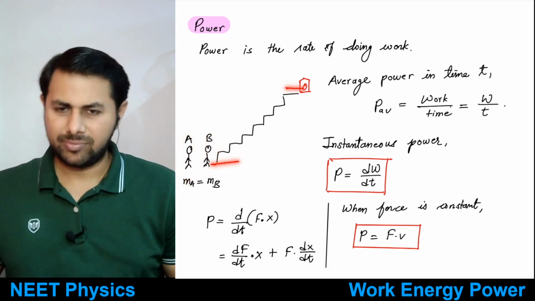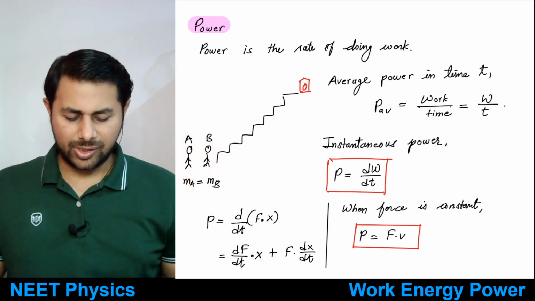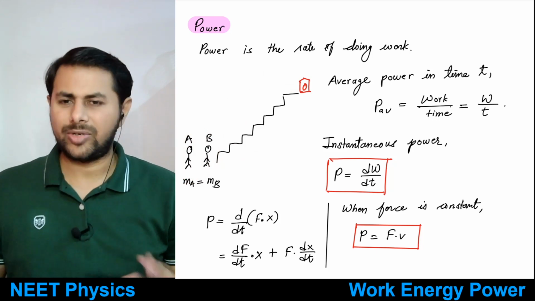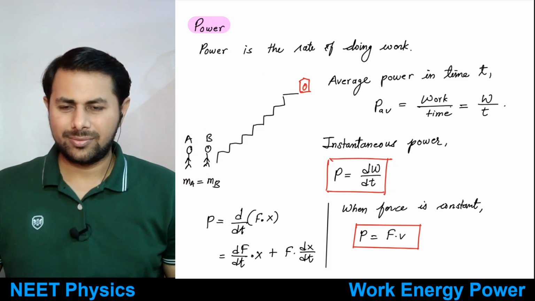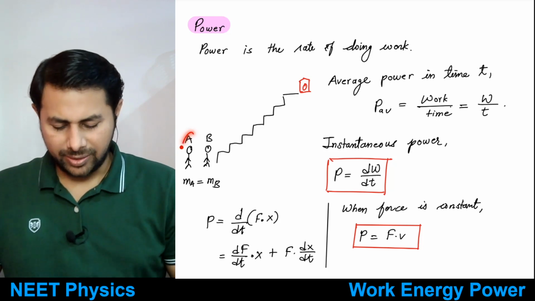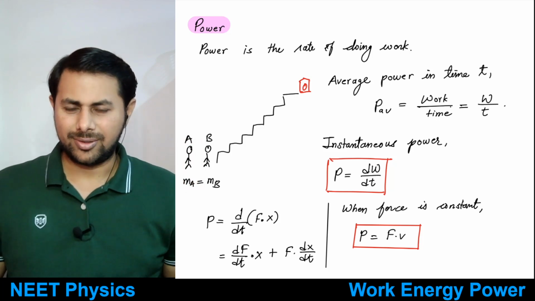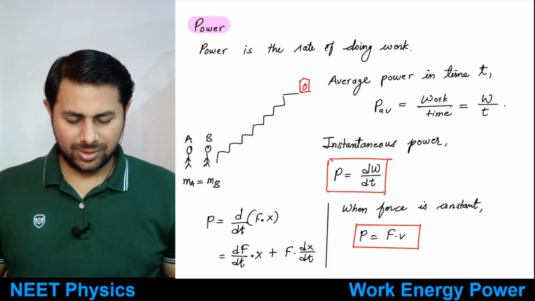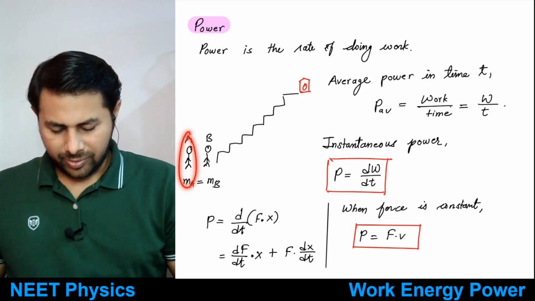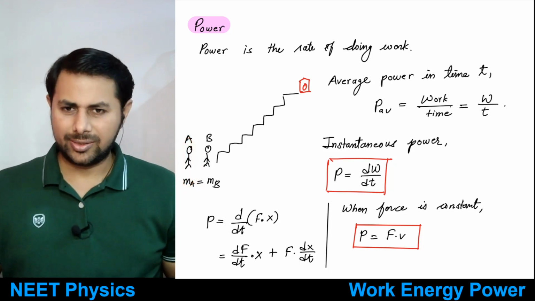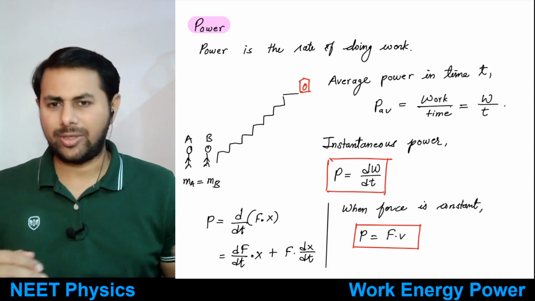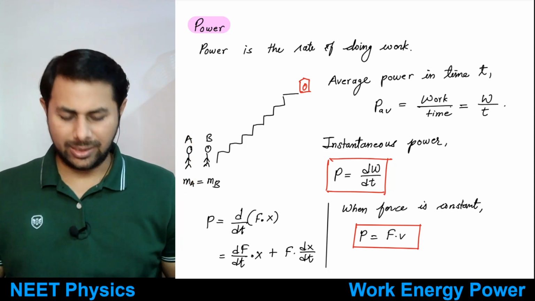Then who has done more work? The one whose mass is greater, right? This one has done more work, so this one has spent more power too, right?